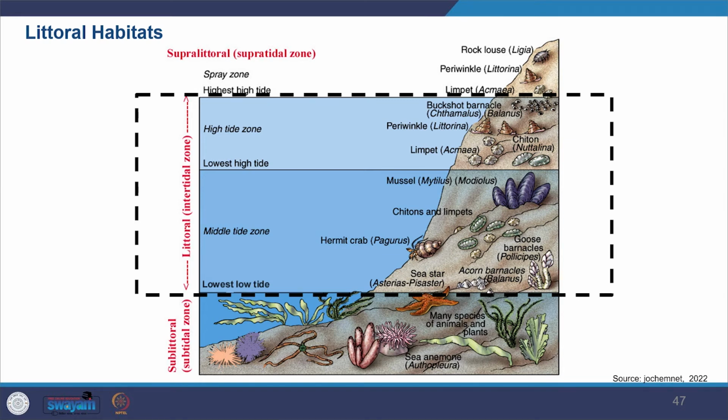In most littoral habitats, whatever species sustain in this particular zone are mostly marine in nature, and they are well adapted to the cyclic system of the marine environment. So they are very sensitive to that and adjusted to that.